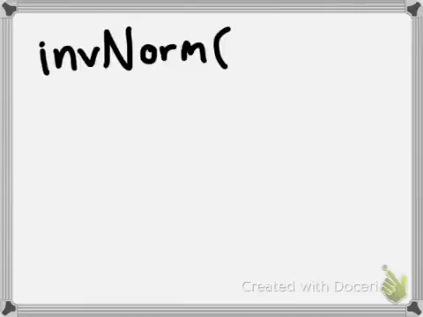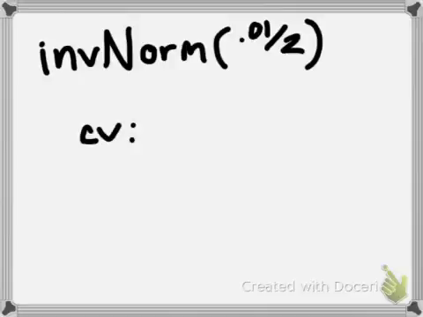And since the claim is mu equals 5.670, we will plug in to inverse norm 0.01, since that is our significance level, divided by 2. So our critical value equals positive and negative 2.58, since it is two-tailed.